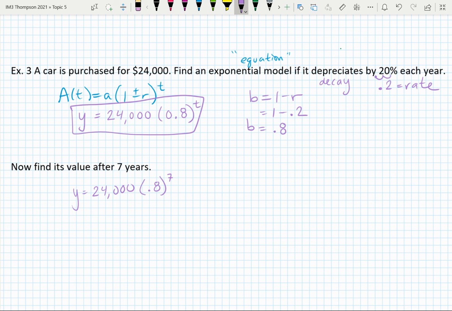I don't want to spend the time doing that on paper in my head. So that's 0.8 to the power of 7. Order of operations says you have to do the exponents first. And then I would multiply by the 24,000.